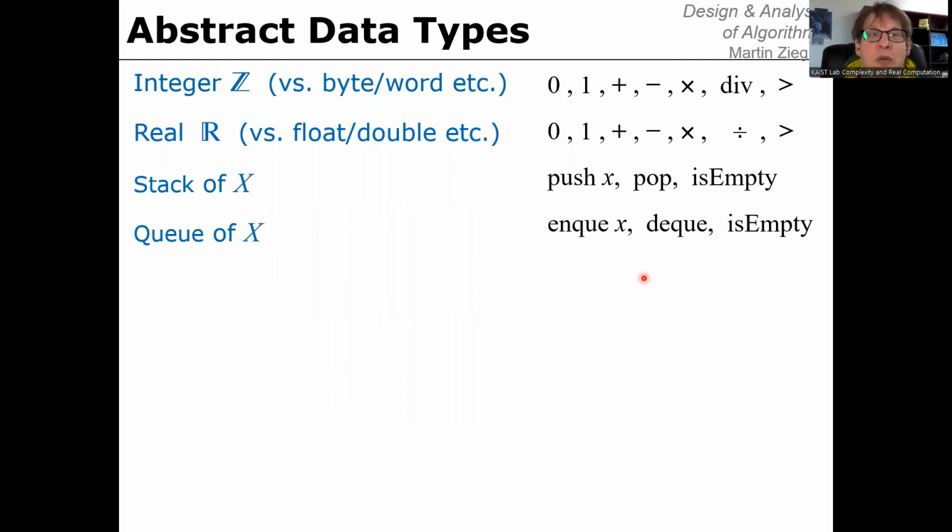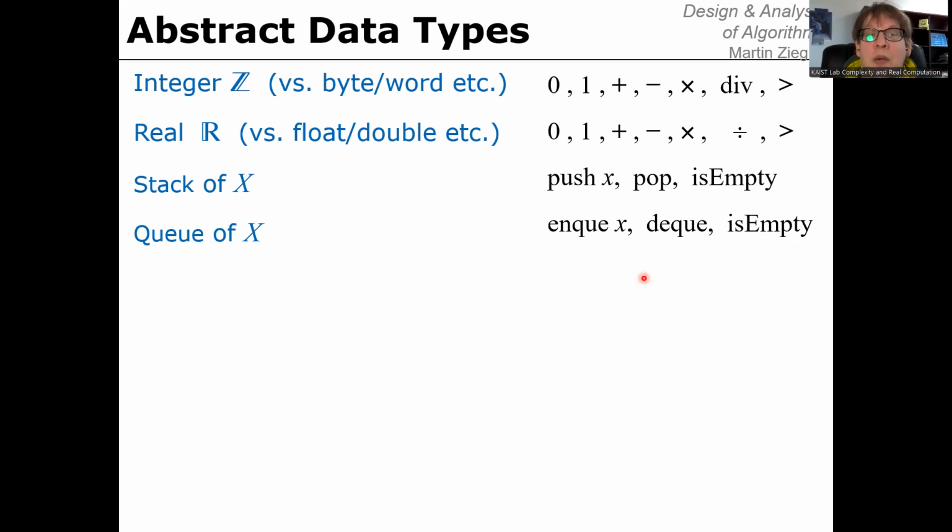And the operations supported in queue are the enqueue operation, the dequeue operation, and the predicate whether the queue is empty. And the difference between stack and queue is, of course, the axioms, right? So, for example, for a stack, we have the property that if we push something and then immediately pop, it will return the original element.